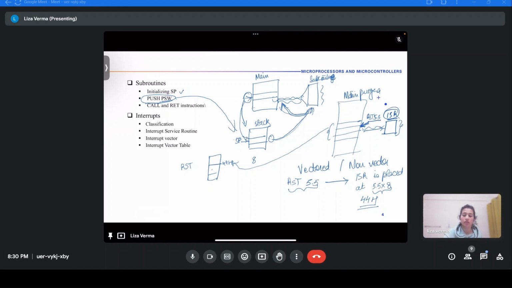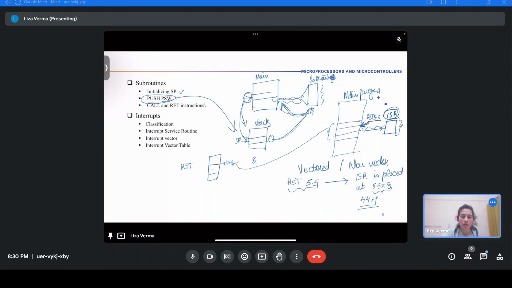Is it 44H or 44 decimal? It's 44H. All the numbers that you see, because the MPU doesn't work in decimal, it works in hexadecimal.